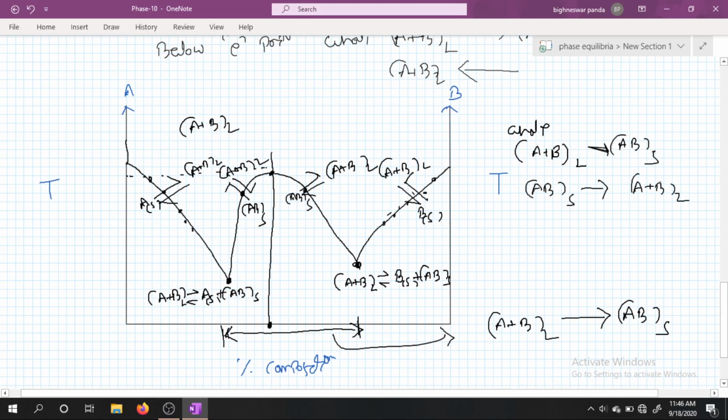That means at the congruent point the liquid freezes or solid melts at the same composition. So this is all about our congruent melting point, and this point is called congruent.